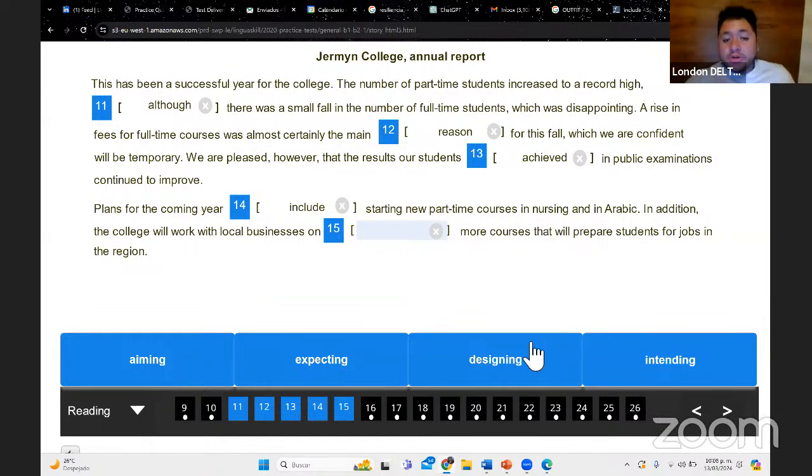So the correct option is designing more courses. Ok, entonces dice, el colegio trabajará con negocios locales para diseñar más cursos que prepararán a los estudiantes.